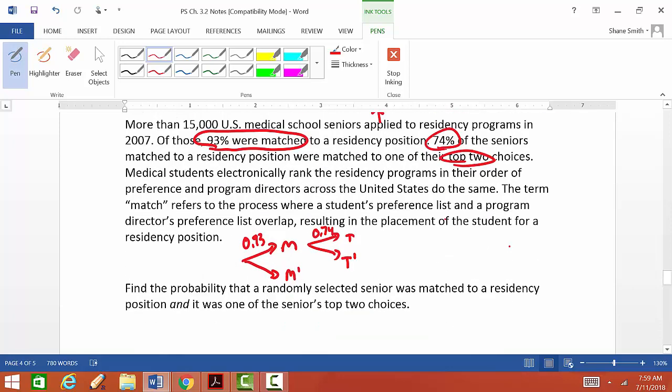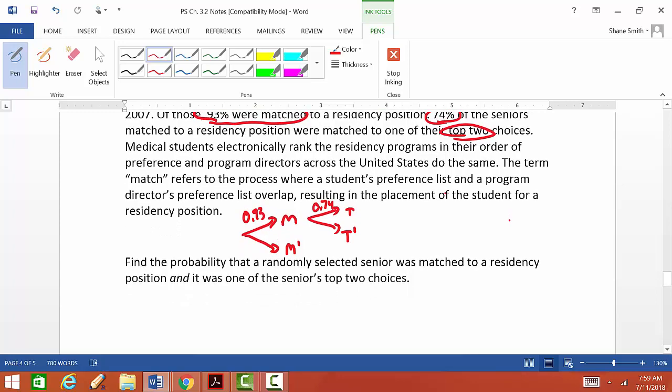So looking at this diagram, let's see if we can answer the questions. Find the probability that a randomly selected senior was matched to a residency position, so they were matched, and it was a top 2 choice. Well, the nice thing about a tree diagram is along the branches we multiply. So we want to find the probability of matching, which is 0.93, and getting a top 2 choice, which is 0.74.